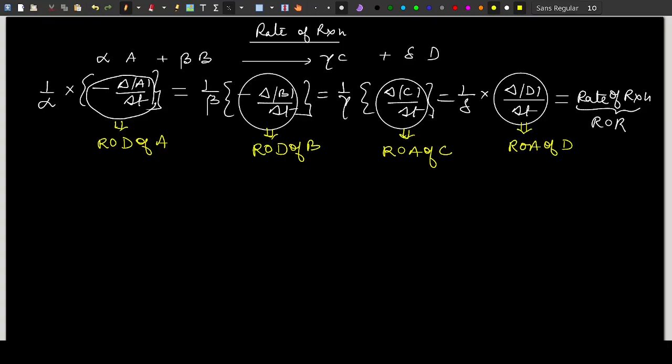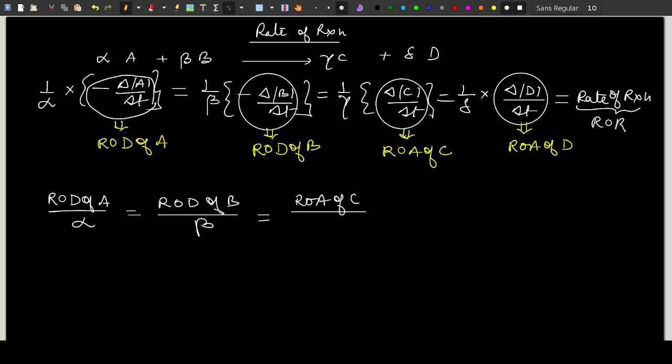So friends, we can say rate of disappearance of A divided by alpha, rate of disappearance of B divided by beta is equal to the rate of appearance of C divided by gamma is equal to rate of appearance of D divided by delta. This is equal to the rate of reaction.